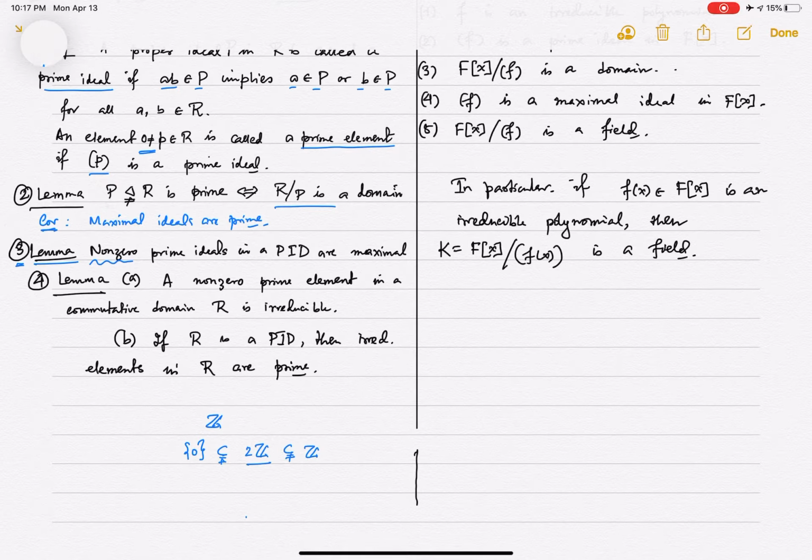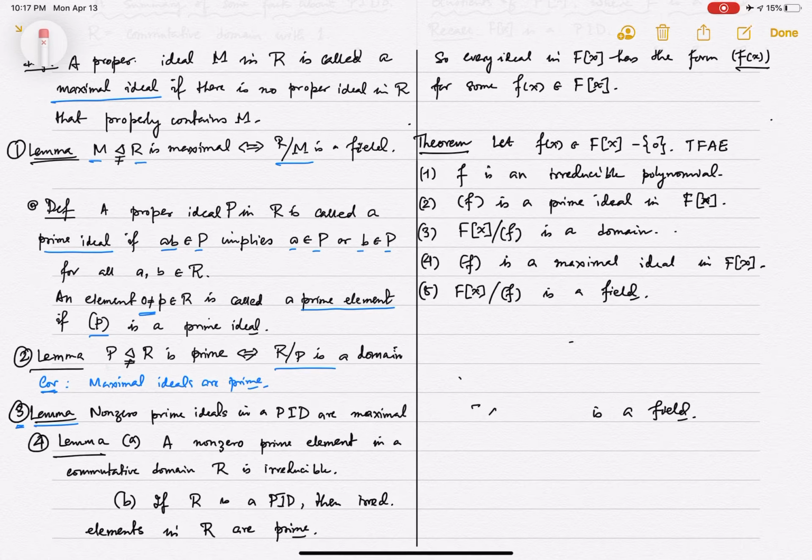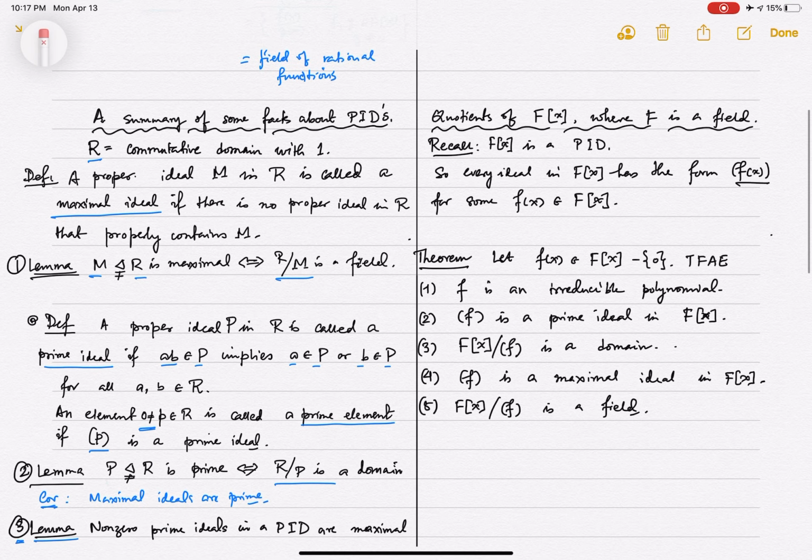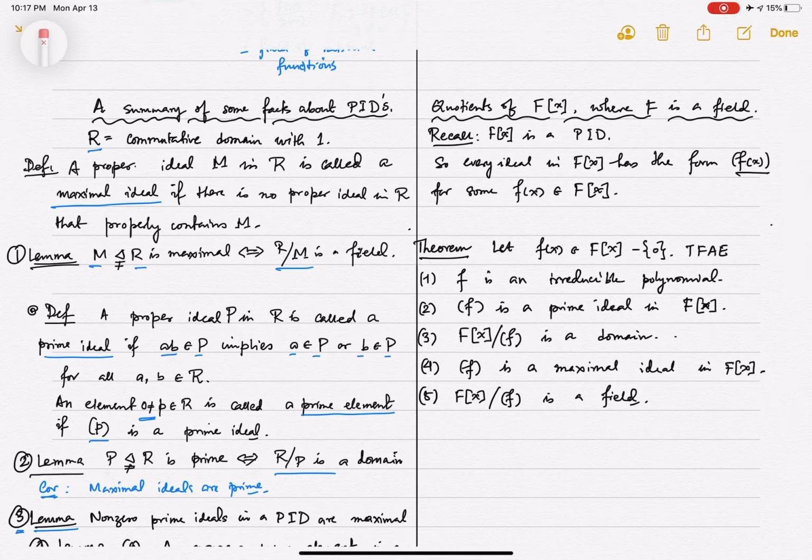Okay. So these are all the results that I want to remember. And now I can state this theorem. It's a theorem about quotients of F[x], where F is a field. So, polynomial ring in one variable with coefficients in a field.